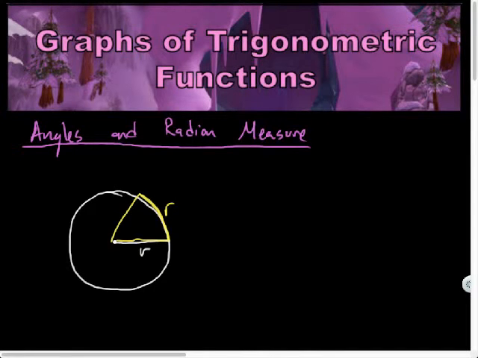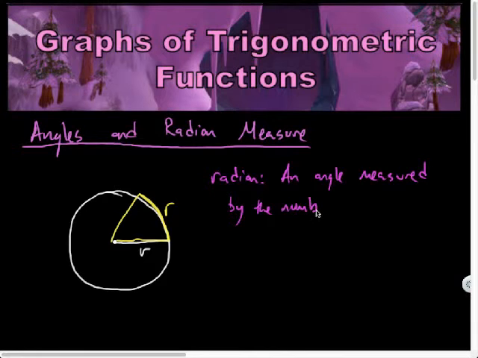All right, 1 radian. So I guess the way I would describe radians, a radian is an angle measured by the number of times a radius fits into the angle's arc.